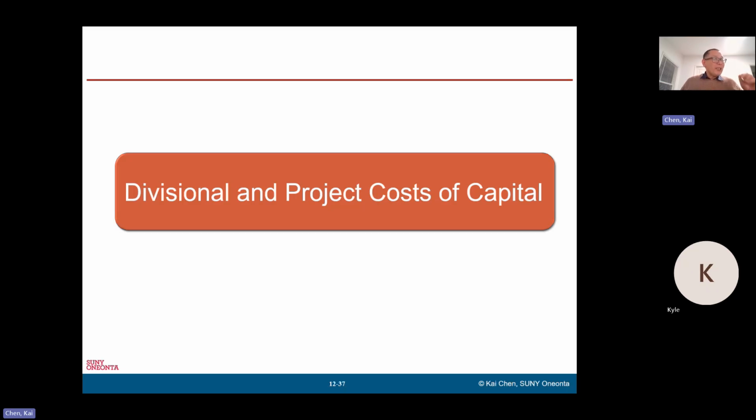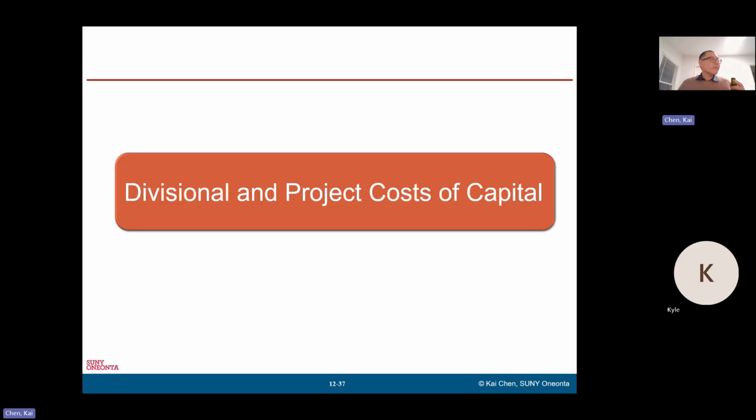However, this application is under the assumption that the risk of projects or divisions is the same as the risk of total assets of the firm, or that the proposed projects have the same risk as the total operating assets of the firm.